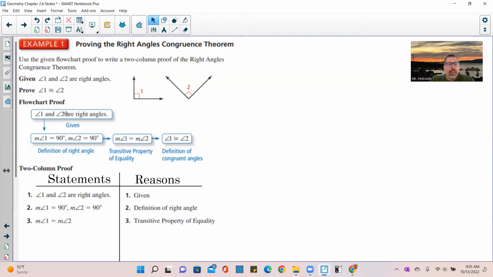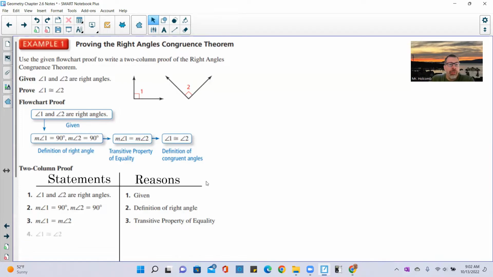So as you can see, the flowchart or the flow proof is the same as a 2-column proof. It's just that you write a statement and you write the reason underneath it and you continue through with arrows like so. All right, so all I'm really doing is repeating what's been said.